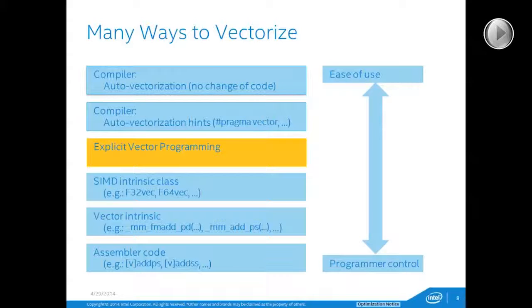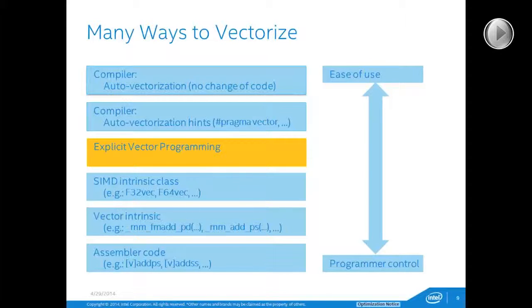So the auto-vectorizer, while it does a great job and looks for loops that can potentially be parallelized, there are lots of things that the compiler can't recognize because the language makes it serial. And so there are some limitations there. But the nice thing about the auto-vectorizer is that to the developer it looks like a freebie. Just a compiler switch, no changes in code, and off you go. You get some performance. The problem is we're leaving some performance on the table because it can't tackle all cases.